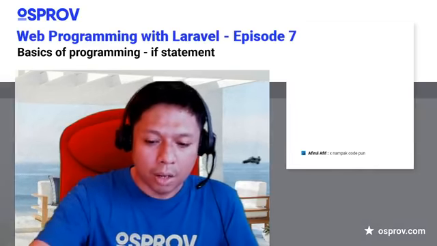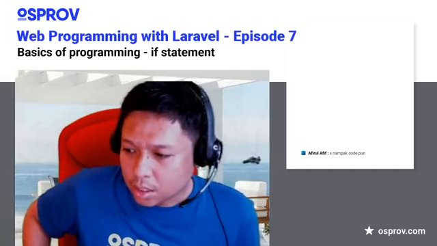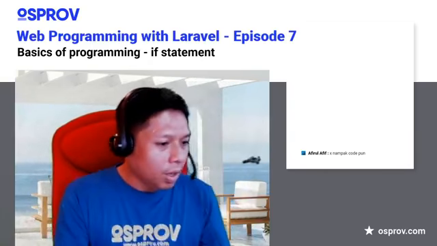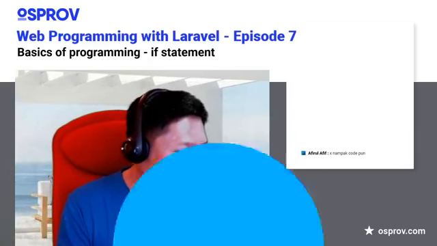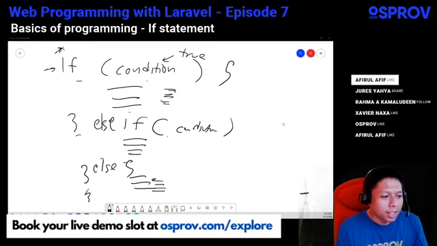So let's look at our program and see how we can establish this. Oh sorry, you can't see the code. Yeah, I forgot. So it's something like this. You have the if statement, if condition true, and then else if another condition, and else another statement here.